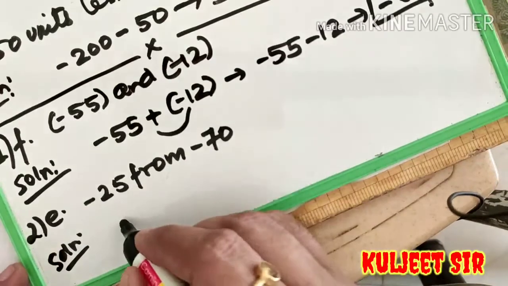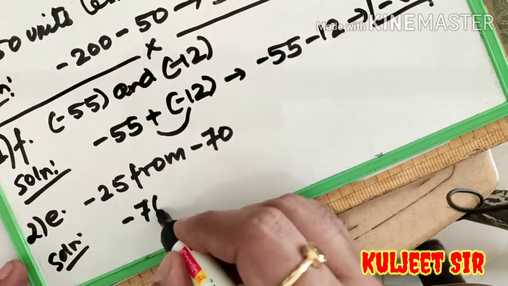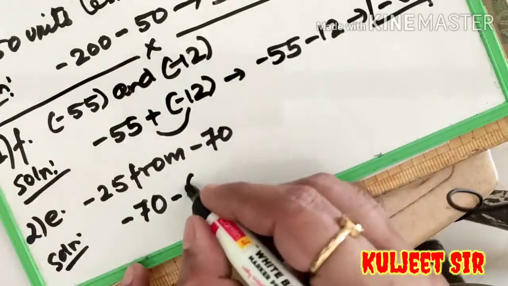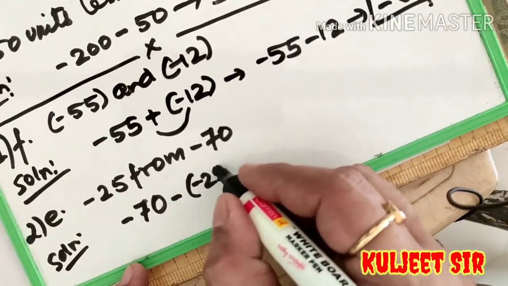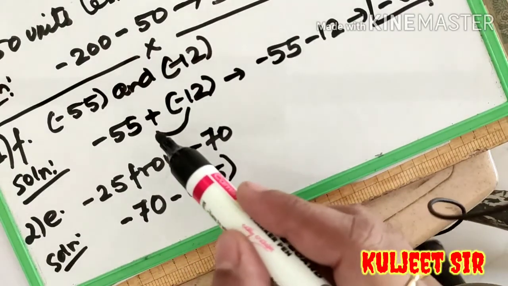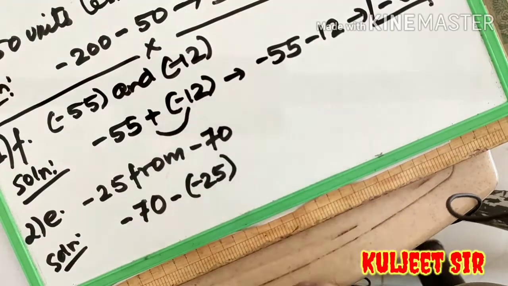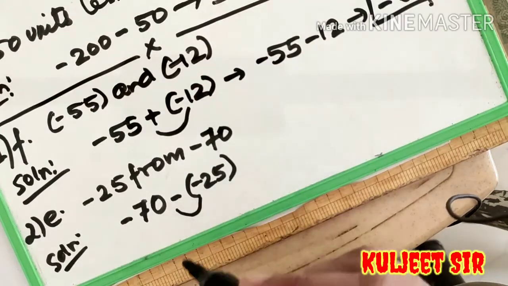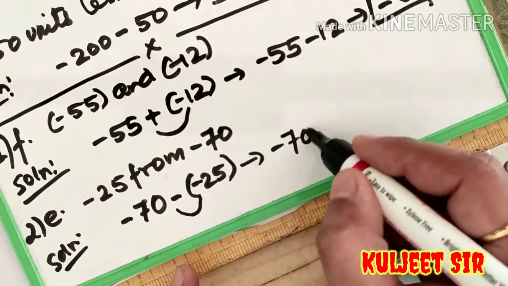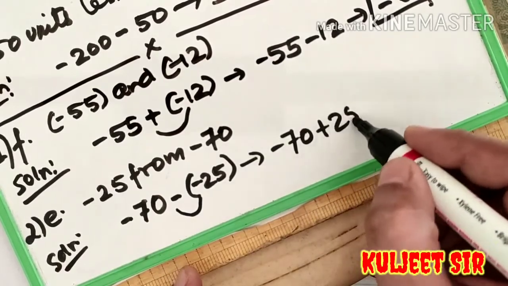From minus 70, so first I have explained it to you. This I will write minus 70. It is to be subtracted, so I put a minus sign over here. It is already minus 25 in the equation, so I write it in this order. Now I explained in the earlier sum, plus minus becomes minus, but here minus into minus will become plus. So I can write this as minus 70 plus 25.